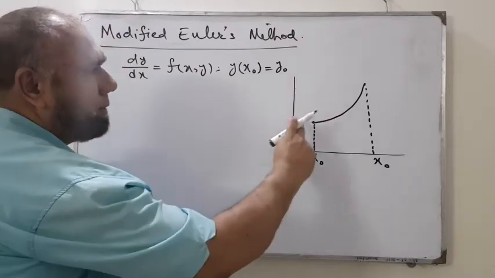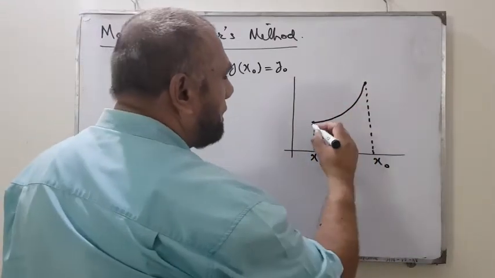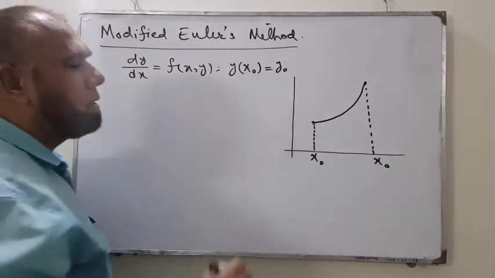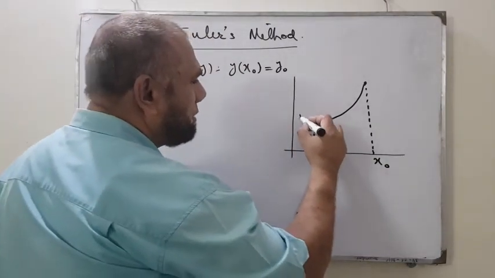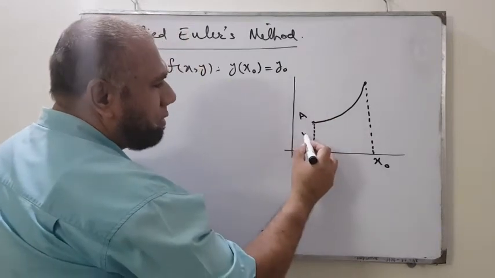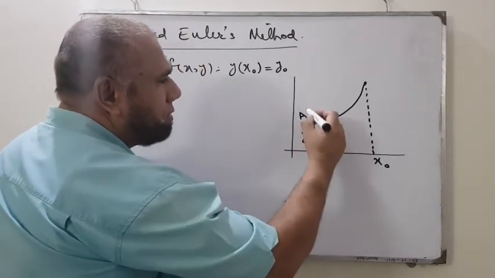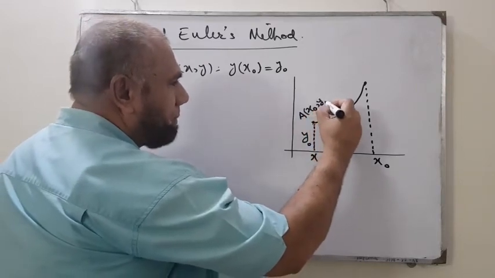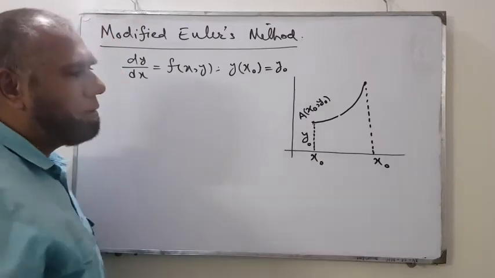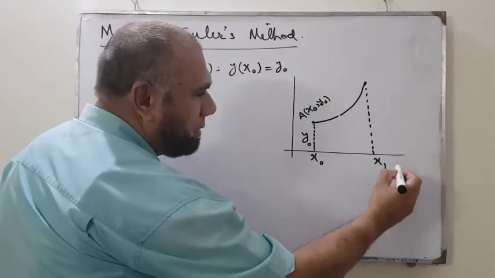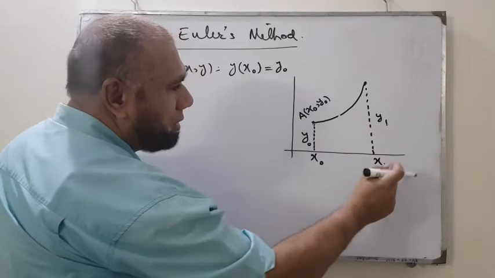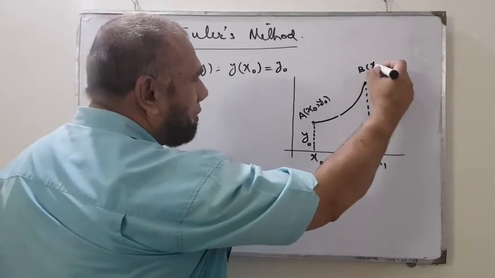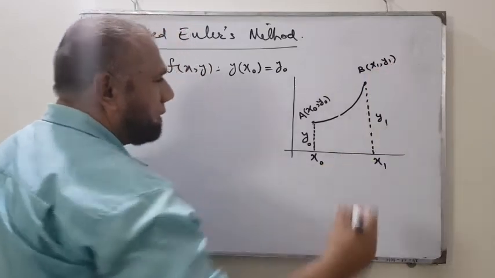We are going to approximate this solution curve by drawing the tangent line at the point A, which has coordinates x0 and y0. Similarly, corresponding to x1, the value y1 gives the point B, having coordinates x1 and y1.